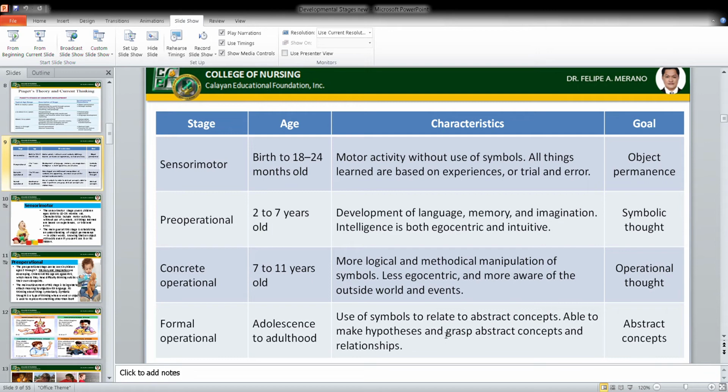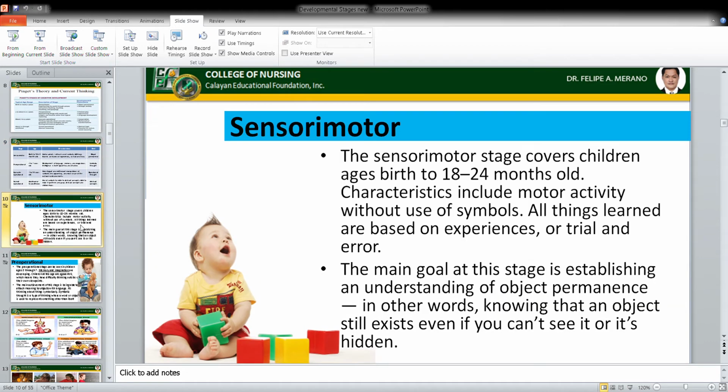They could reason out, they could explain properly about the use of symbols, the things around them, the different concept of what is happening about relationship. Okay, they could easily determine and figure out what is ideal, acceptable, and standards.